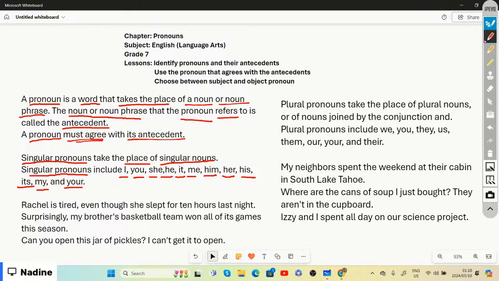If we look at an example of singular pronouns, it says, Rachel is tired, even though she slept for 10 hours last night. So she is our pronoun, and we're referring to Rachel.